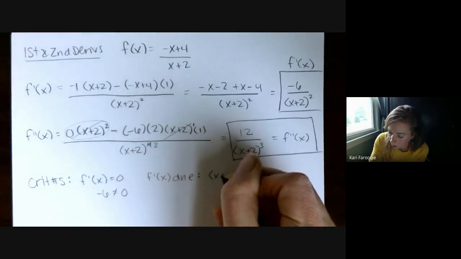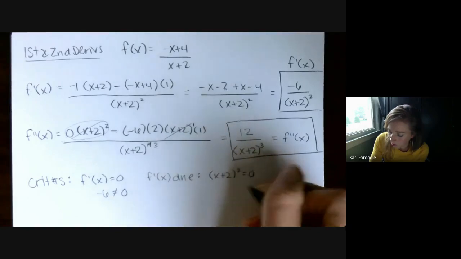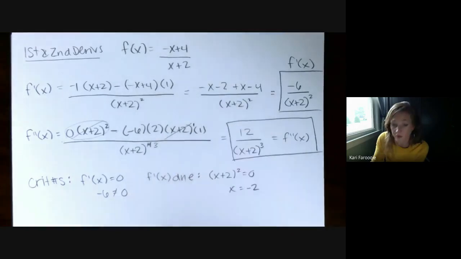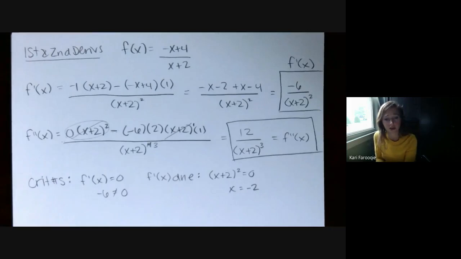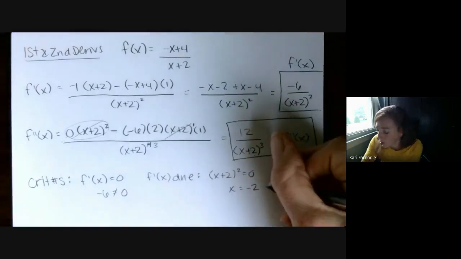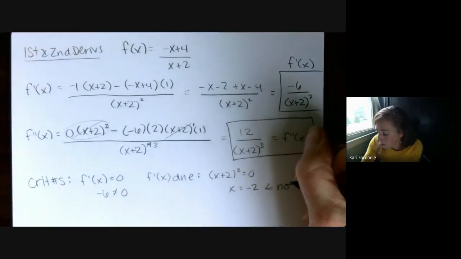And that's going to happen when your denominator equals 0. However, this happens at x equals negative 2. x equals negative 2 is not in the domain of f. We found the domain at the beginning of the problem, and we excluded negative 2 from it. So this can't be a critical number.